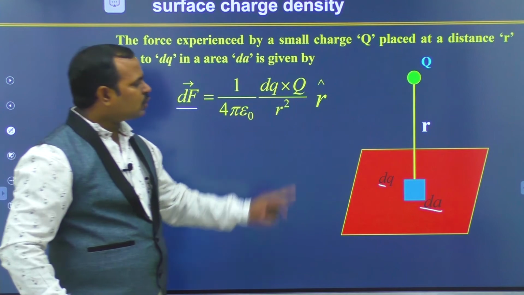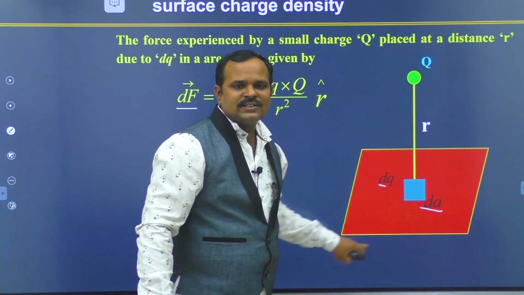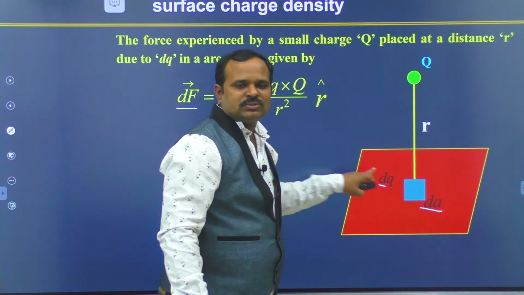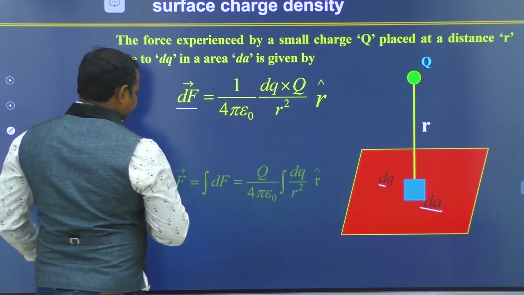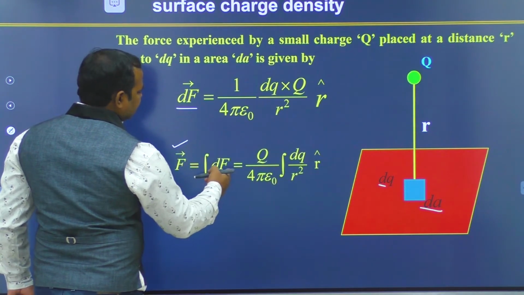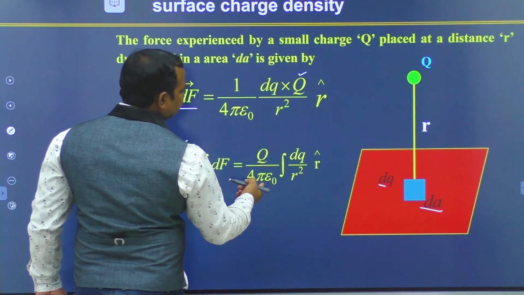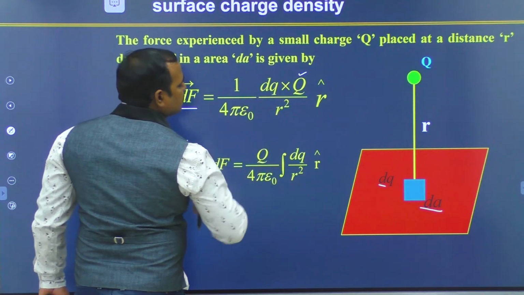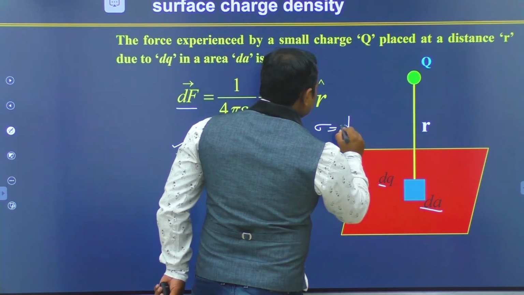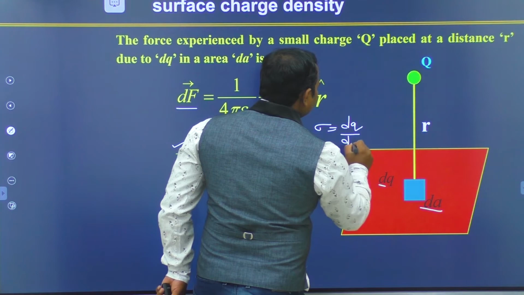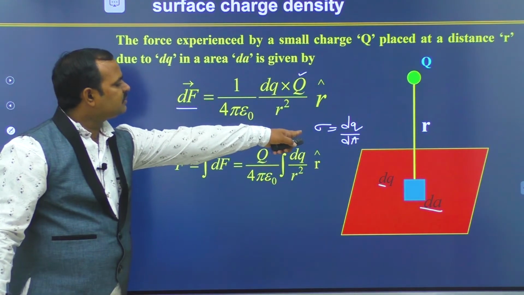But if you want the total force experienced by this charge because of the total surface charge distribution, then we can write F bar is equal to the integration of dF, which is q by 4 pi epsilon naught integration of dq by r square, since q is a constant. But you know that sigma is equal to dq by dA, so we can replace dq with sigma into dA.